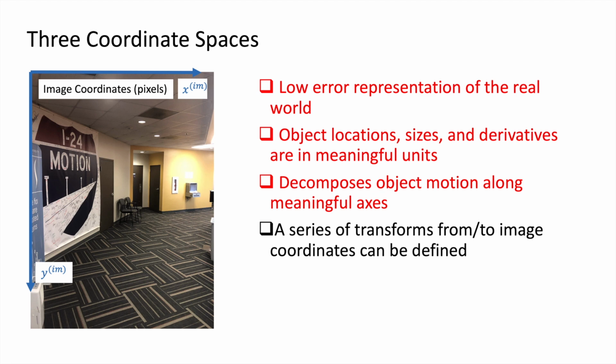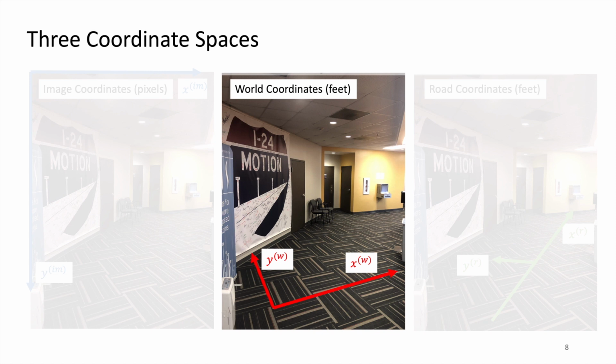Let's talk next about world coordinates, which is going to be a coordinate system such as the state plane coordinate system or GPS coordinates. These are aligned on a Cartesian grid in meaningful units. So you can see in this image, the grid is basically the carpet squares. So we know that each carpet square is 2 feet by 2 feet wide. But unfortunately, this grid is arbitrarily aligned.